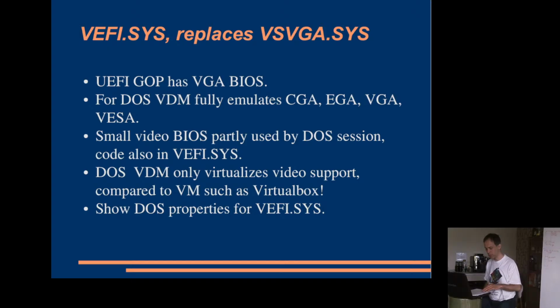Although to save space, some rarely used functions have moved to vefi.sys. In the VDM, this video works with the CGA, EGA, VGA emulation. This is somewhat comparable to what a virtual machine does. The big difference is we only virtualize the video. The rest is running on bare metal, which gives us a performance difference that's actually better.